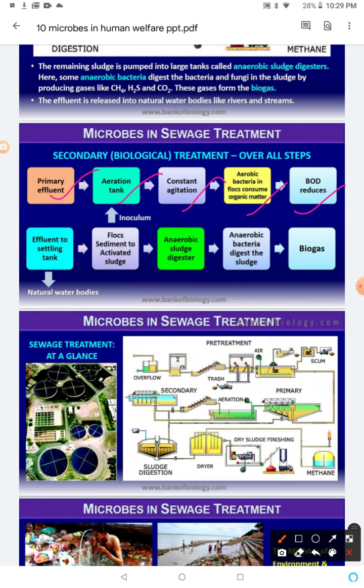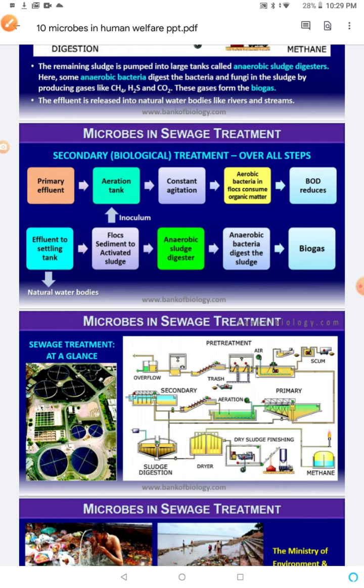BOD reduces, then the flocs sediment into activated sludge. In the anaerobic sludge digester, anaerobic bacteria digest the sludge and give out the biogas. What is the composition? Methane, H2S and carbon dioxide are present in the biogas.